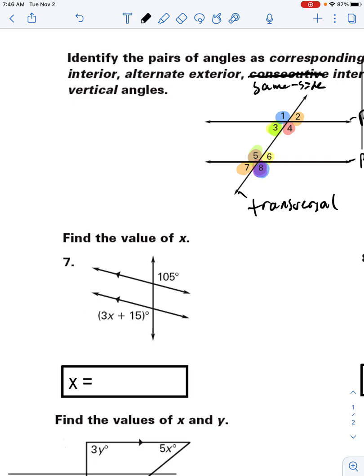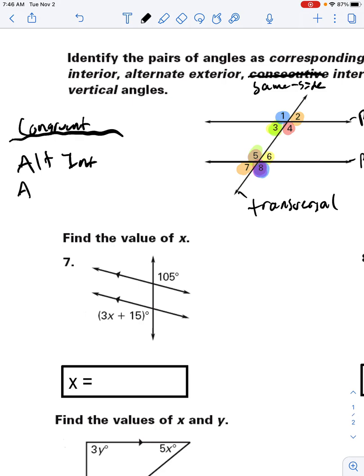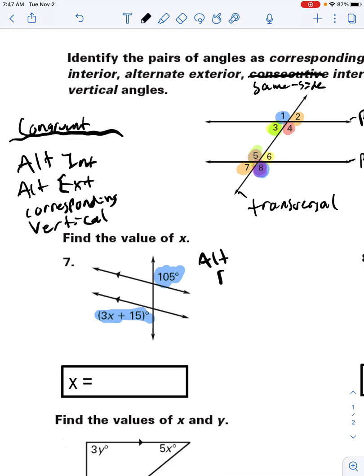So remember the 4 sets of angles that are congruent: alternate interior, alternate exterior, corresponding, and vertical. Those are going to be congruent. So when I look at my example here, I have alternate exterior, okay?